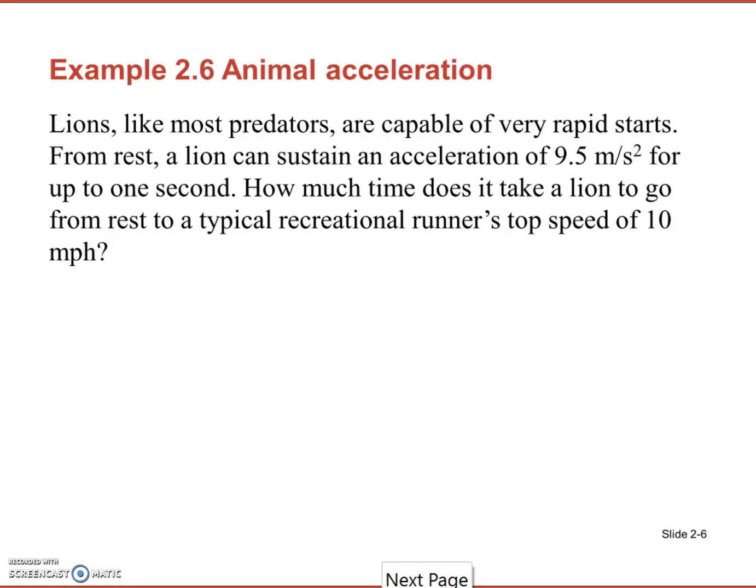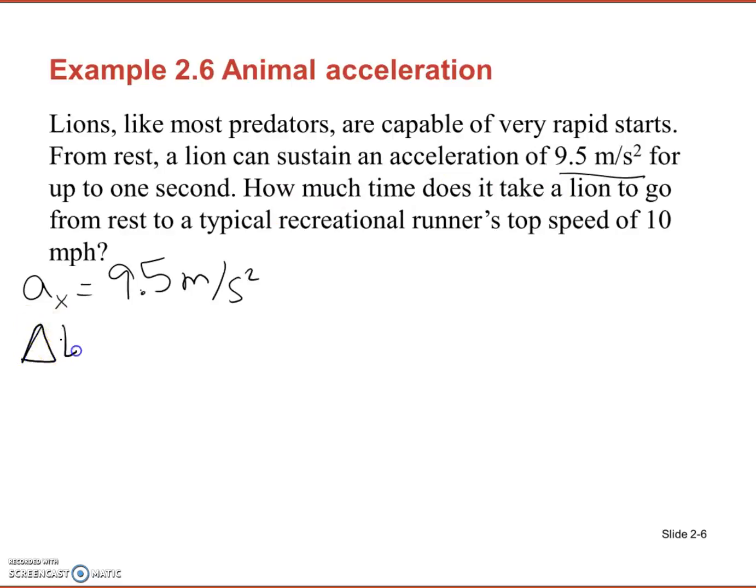Okay, so the first piece of information we have is that the lion can sustain an acceleration of 9.5 meters per second squared. So I'm going to make a little table of my known values. The acceleration of the lion is 9.5 meters per second squared for up to 1 second. How much time does it take?